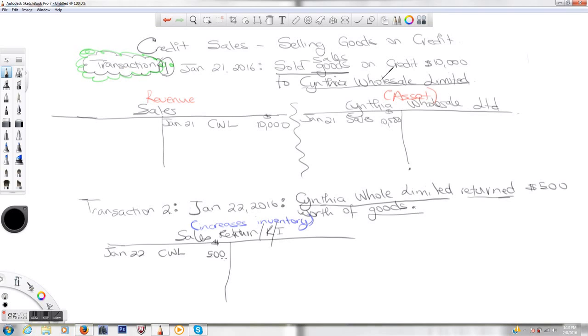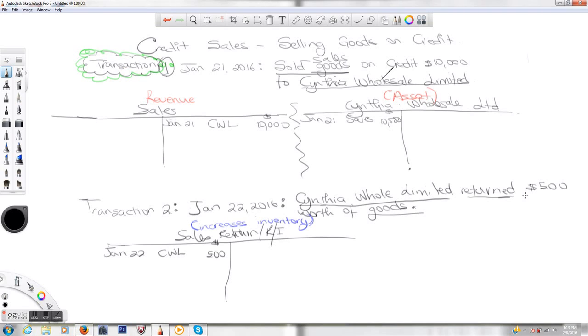And then in Cynthia's account, when Cynthia Wholesale Limited returns goods that they previously bought on credit, will that decrease our asset, which is the amount they owe us, or increase it? It will decrease the amount that they owe us. They owed us $10,000. They returned $500 worth of goods. They will now owe us less than before.